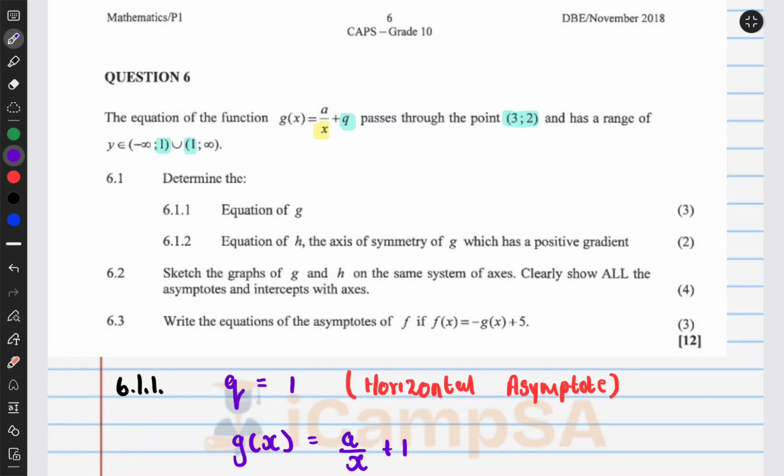Okay. And then for 6.2, we are to sketch a graph of g and h on the same system of axes. Clearly show all the asymptotes and intercepts with the axes.